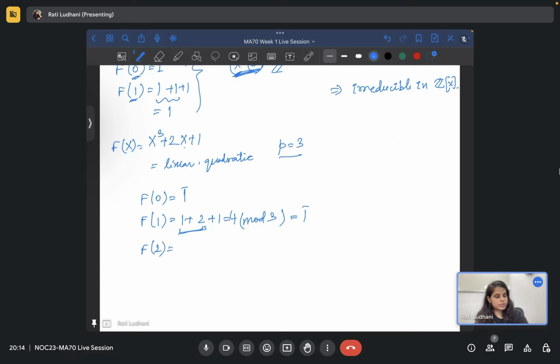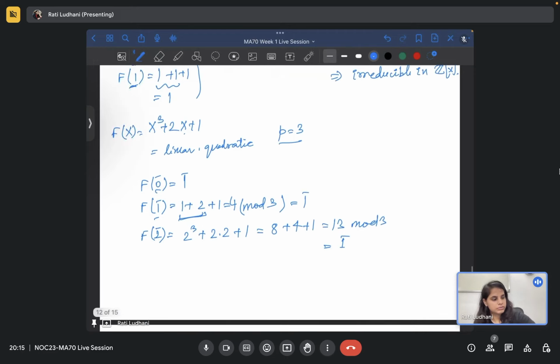Let's take f(2): 2 cube plus 2 times 2 plus 1, you get 8 plus 4 plus 1, that is 13. Modulo 3, this is definitely non-zero, you have 1 bar. So you tried all three, and none of 0, 1 and 2 is a root of f.